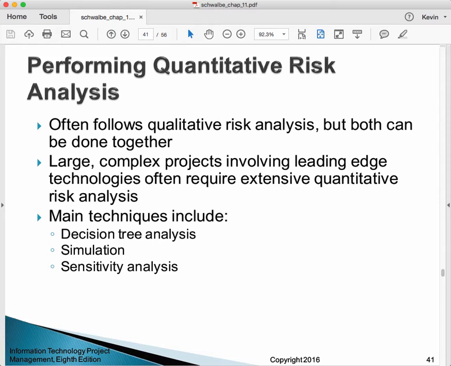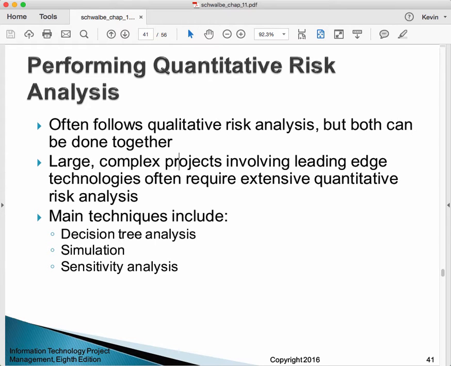The main techniques include decision tree analysis, simulation, and sensitivity analysis. And these are all good things that you should have a good feel for. Some are more commonly known than others.